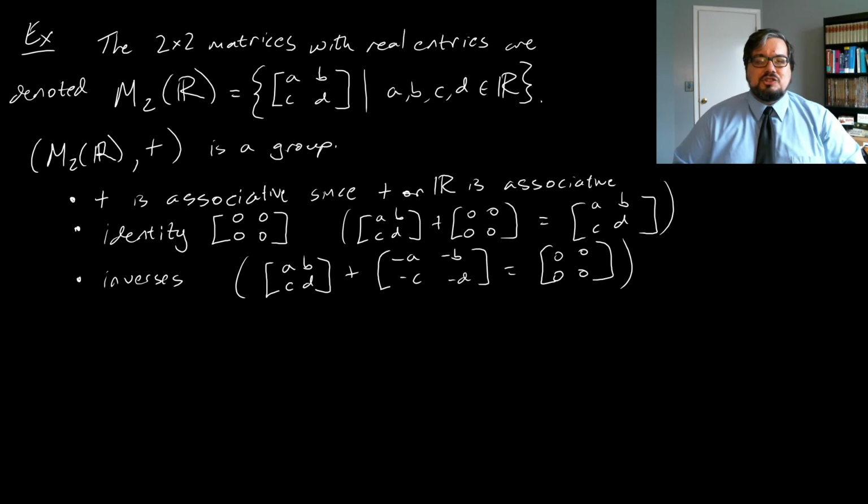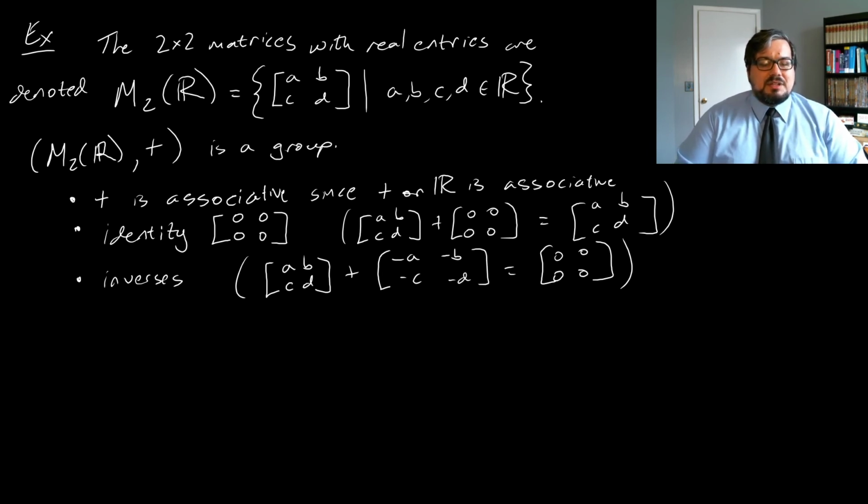This is basically just using 4 copies of the real numbers, one in each entry of the matrix. We're not even really using the fact that this is a matrix to do anything with it. This set M2R is not a group under matrix multiplication, but we'll see that in a second.